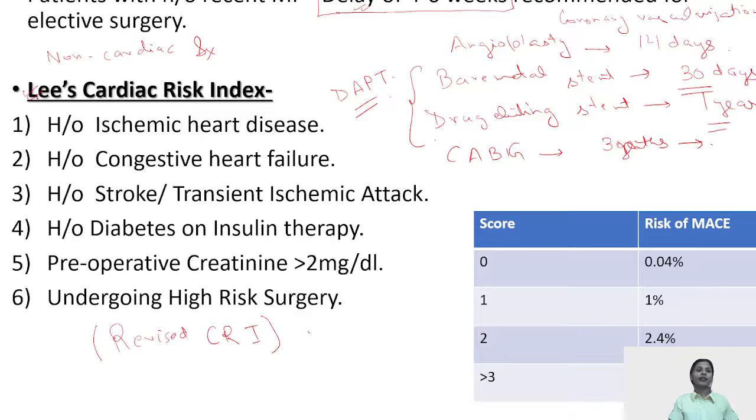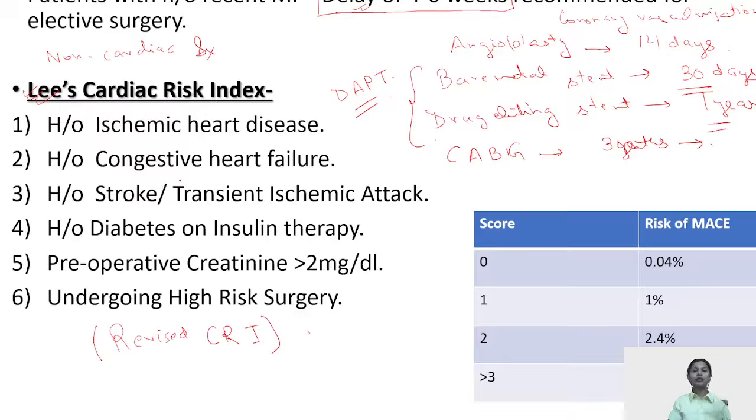So the Lee's cardiac risk index states a history of ischemic heart disease, a history of congestive heart failure, a history of stroke or transient ischemic attack, a patient who is diabetic on insulin therapy, a patient with a preoperative creatinine of more than 2 mg per deciliter, or a patient who's undergoing a high risk surgery.